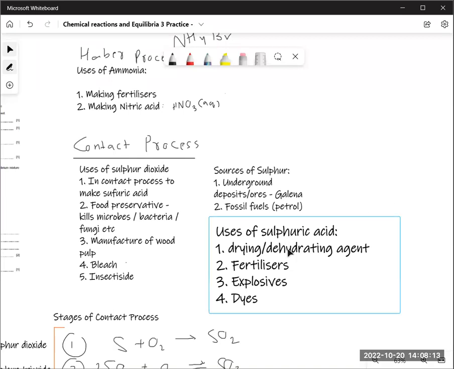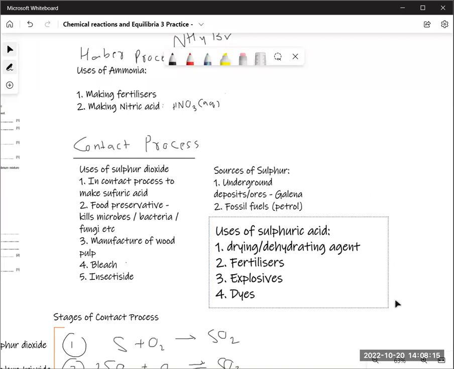Now 4 is enough for sulfuric acid, right? They will usually just ask you for one. And the preference is from the beginning. So first say dehydrating agent, then say fertilizer, then say explosive, then say dye.